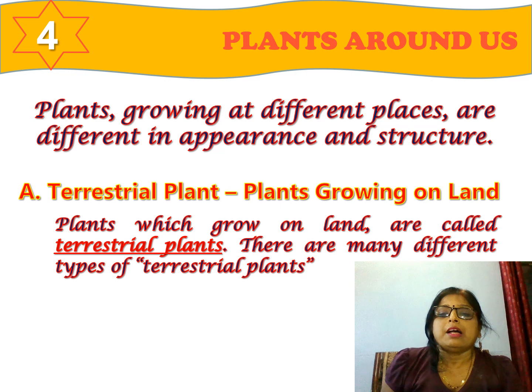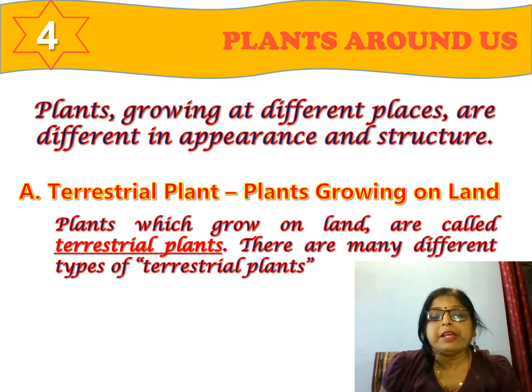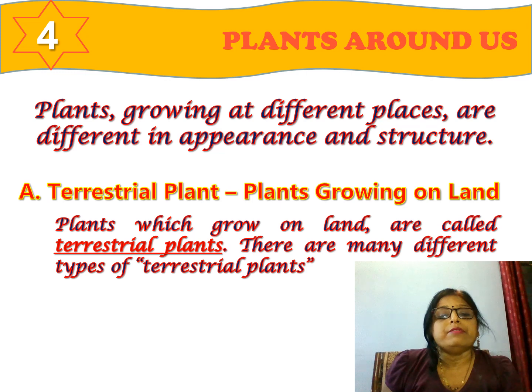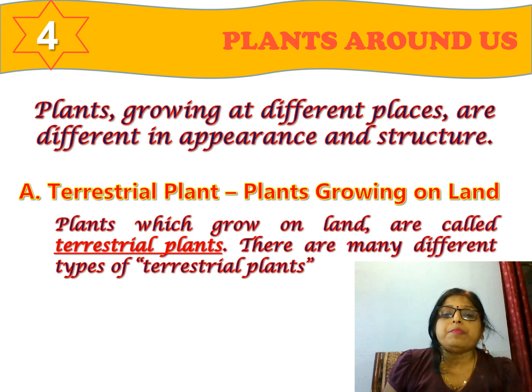Students, previously, I have explained about the plants around us. Once again, I am briefing this chapter, then I will give you the question answers of this chapter. You know about the different types of plants. First type of plant is terrestrial plants.